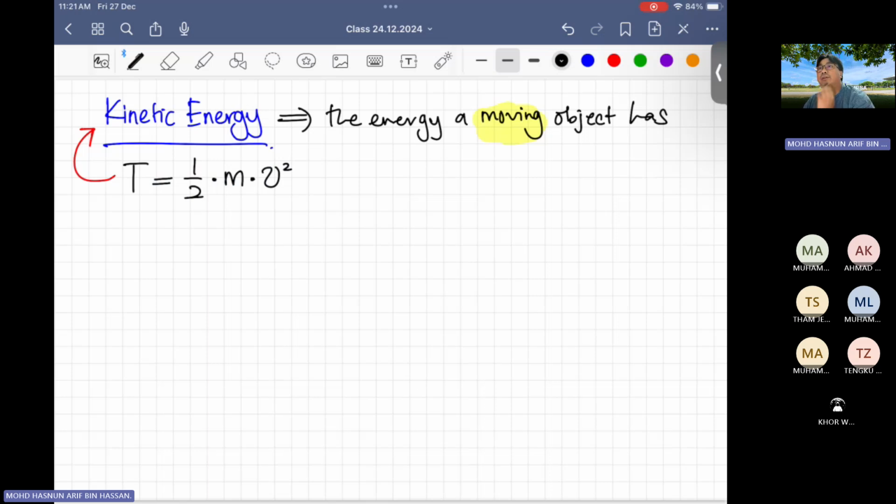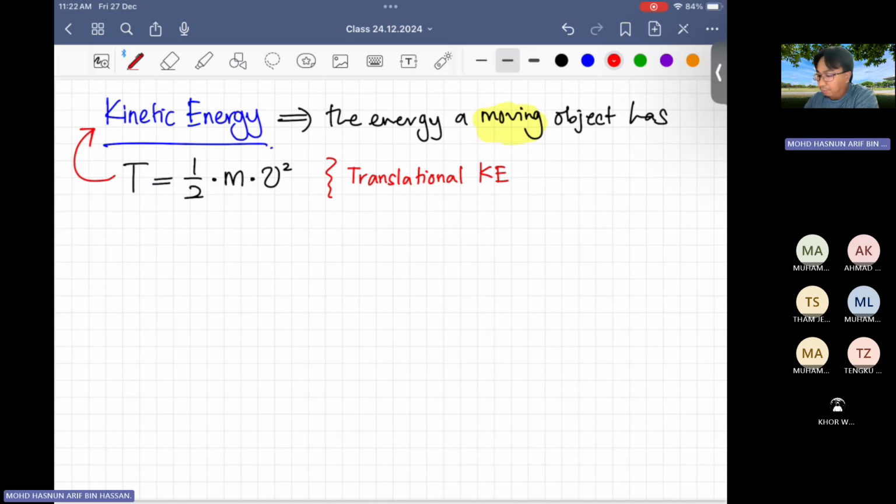So this is one part. But what if the object is also rotating? 1 over 2 mv square is for the linear motion. What about the rotational motion? So I will write here that this is translational kinetic energy.